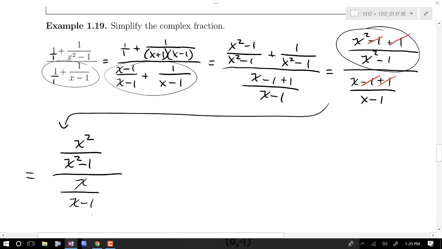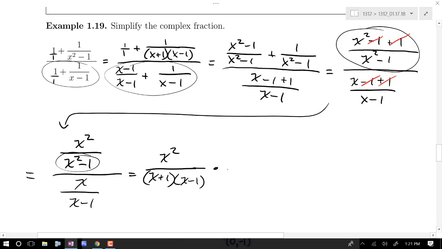So the whole idea behind this technique is that if we work with these fractions and write the top and the bottom each as a single fraction, then it turns it into like those problems we were doing on Monday, where we're just dividing fractions and we know that we can turn it into a multiplication problem, factor, and see what cancels. So this would be x squared over, so now I am going to just factor that x squared minus 1, x plus 1, x minus 1.